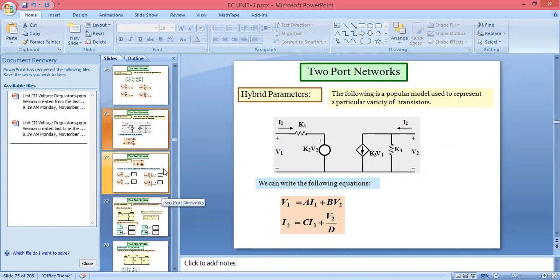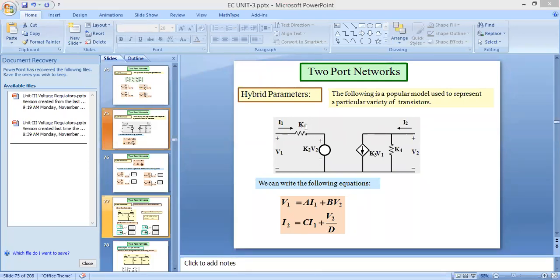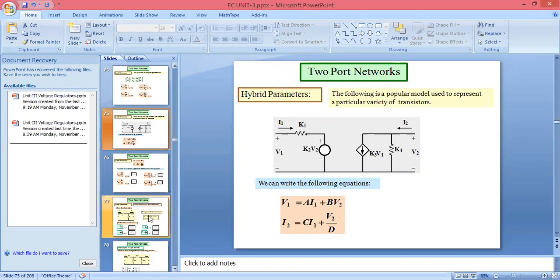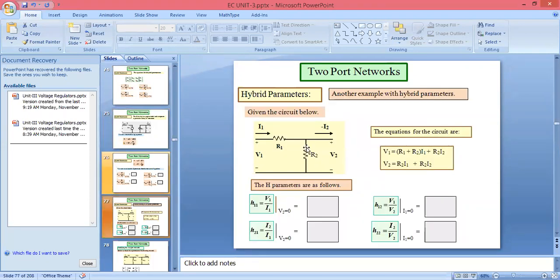Instead of giving the resistor values R1 as 10 ohm, 20 ohm like this, they have given one constant term, so you can take it as it is, and you will get your equations. If we are supposed to find the hybrid parameters for these equations, you can write by using this formula, and you will get the values in the form of R1 and R2.